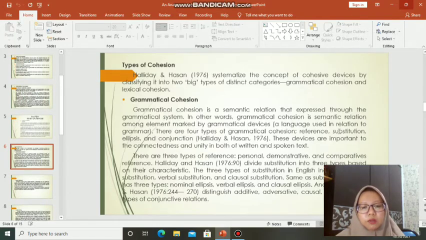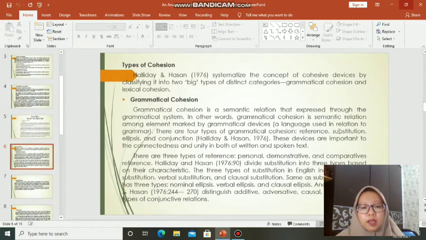Actually, there are four types of grammatical cohesion: reference, substitution, ellipsis, and conjunction. These devices are important to the connectedness and unity in both written and spoken text.